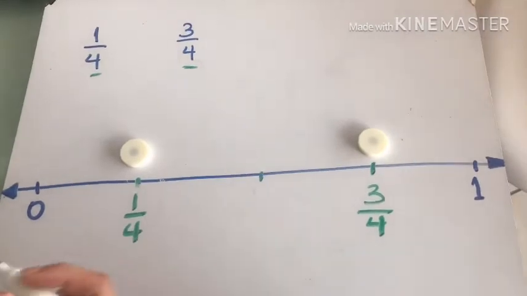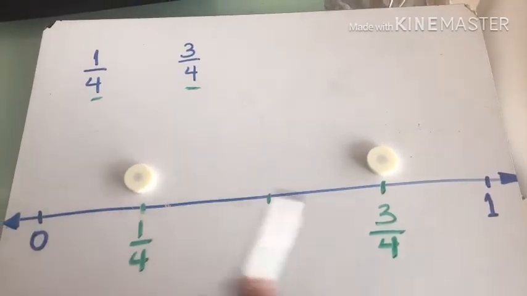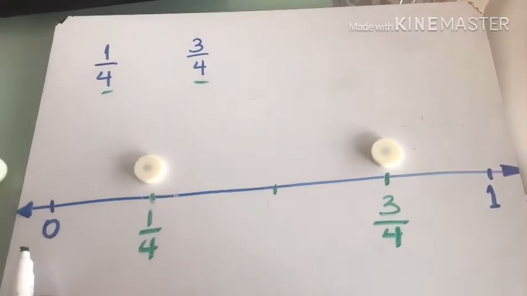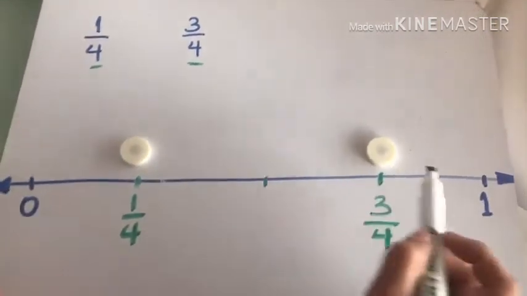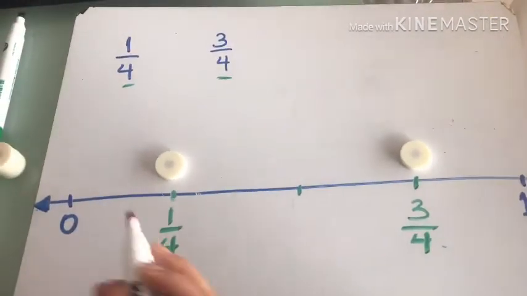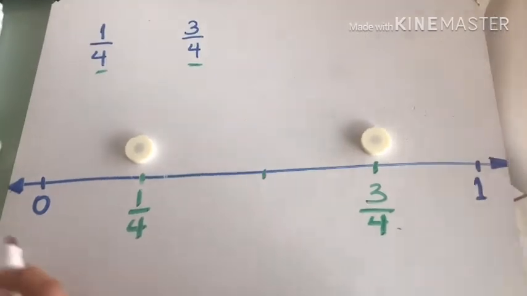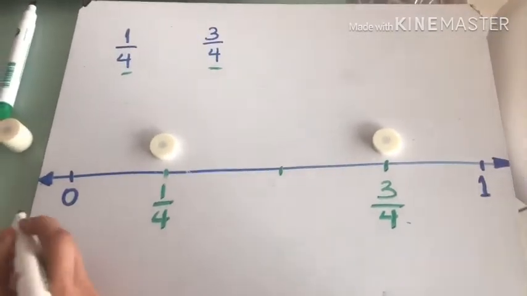So just for you to notice some things. Which one of these two fractions is farther away from my 0? Farther away will be the 3/4. Another thing that I want you to notice is which one is the biggest fraction.